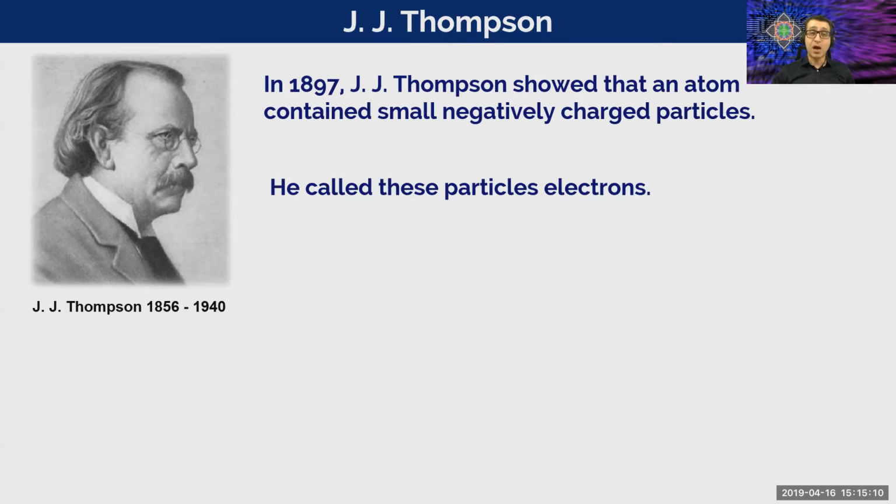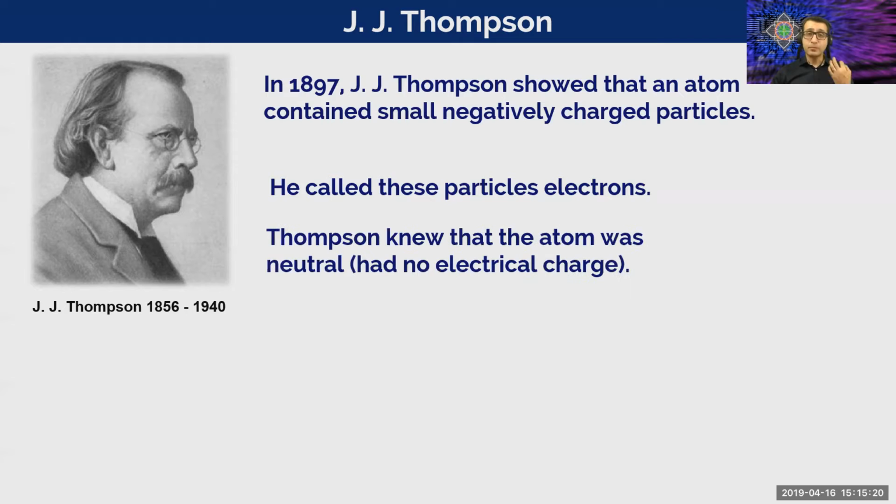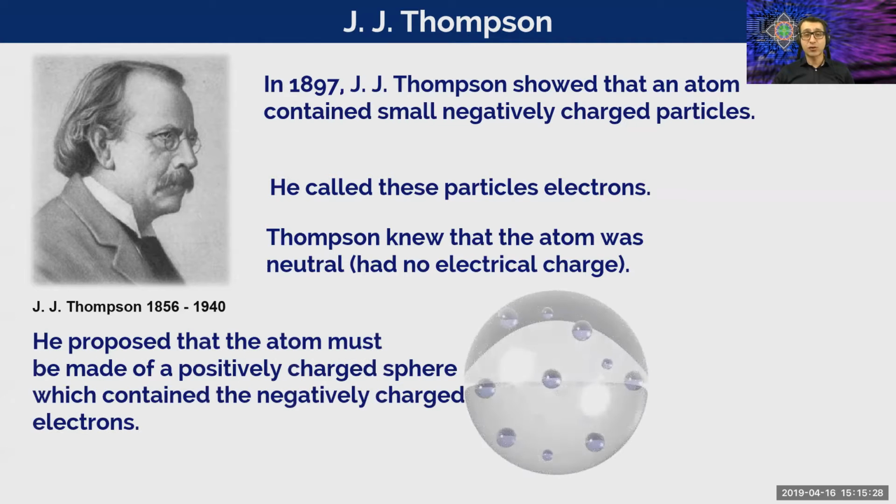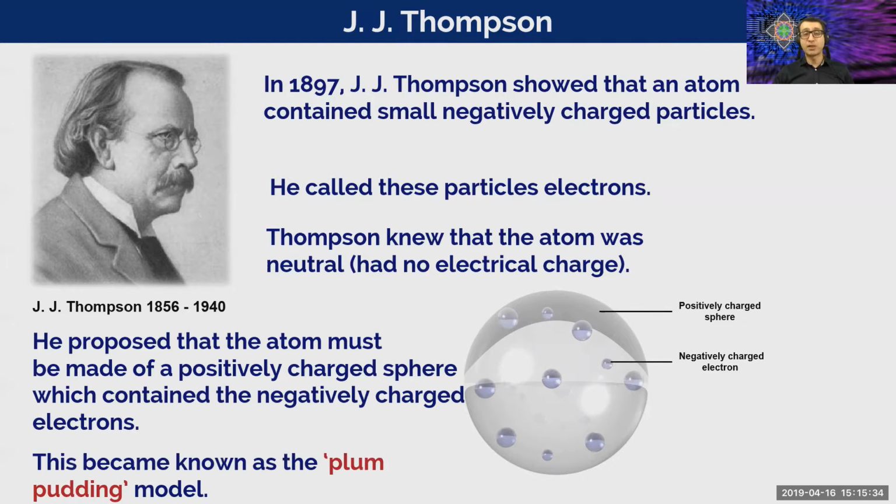And so he said, I found experimental evidence of these tiny negatively charged particles, which he called electrons, but he also knew that the atom was neutral. And so he proposed that the atom must be made of a positively charged sphere which contains these negatively charged electrons embedded within it, like the plums in a plum pudding. And this became known as the plum pudding model.